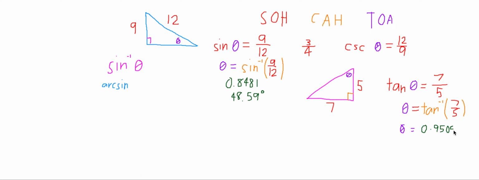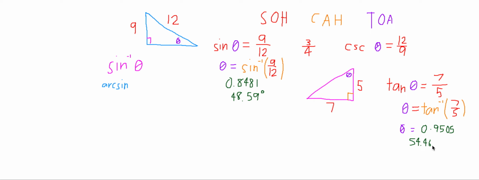And we simply put nothing here, because there's no other unit for radians. We will see radians in terms of pi, but that's going to be for later. In degrees, it's going to be 54.46, something like that.